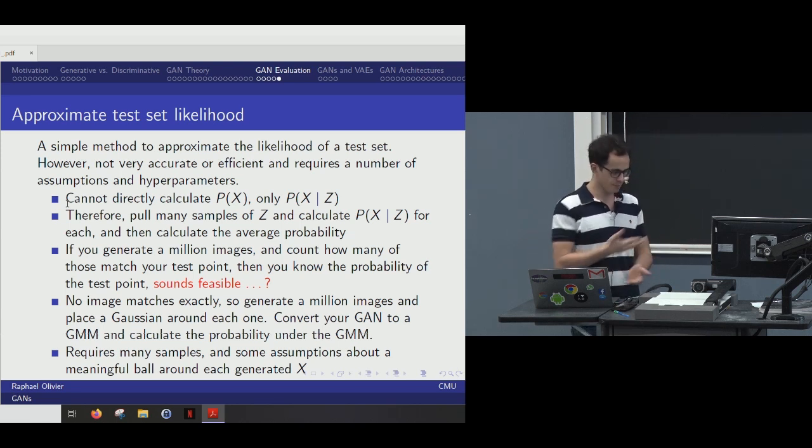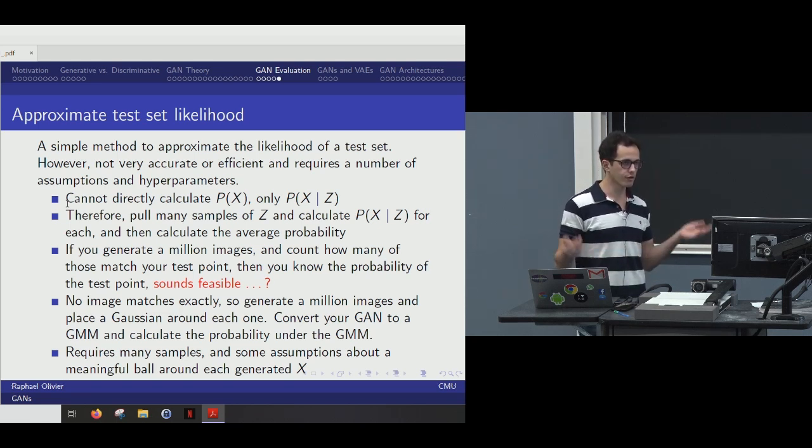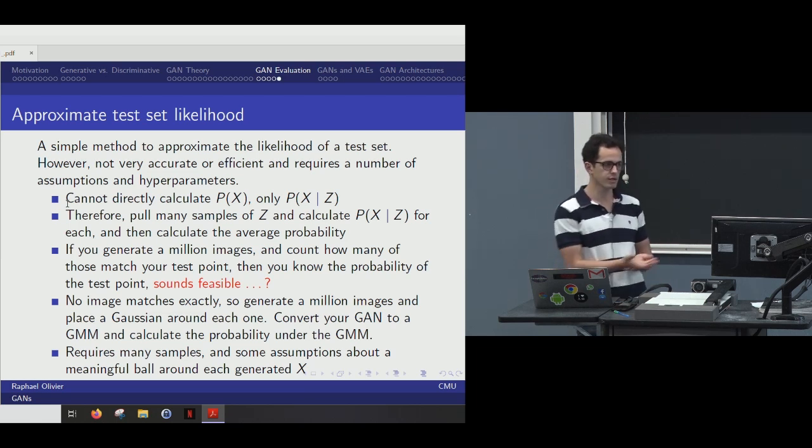There's solid math behind that, but the problem is, of course, it's extremely costly because even on very small dimensionality problems, you need 100,000 examples. And for really big problems, when I said 10 billion, that was not an exaggeration. You actually need 10 billion images to get something meaningful.